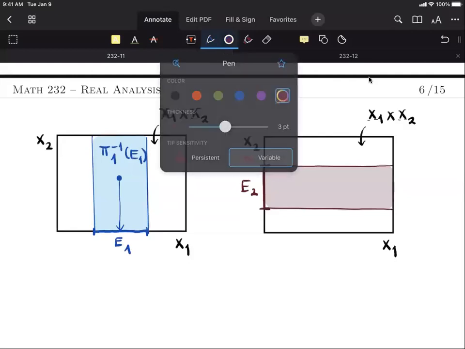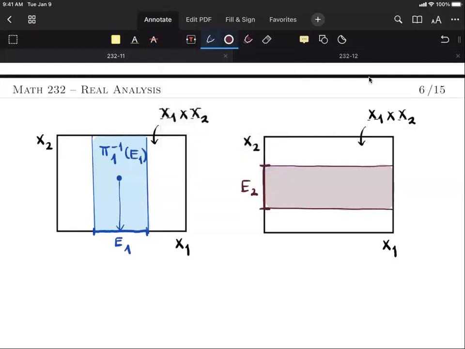In an analogous manner, if we have here a set E2, a subset of X2, we want to determine the set of points that when projected to X sub 2 will be in E sub 2.